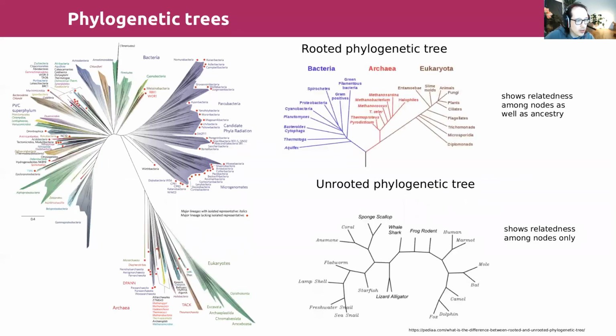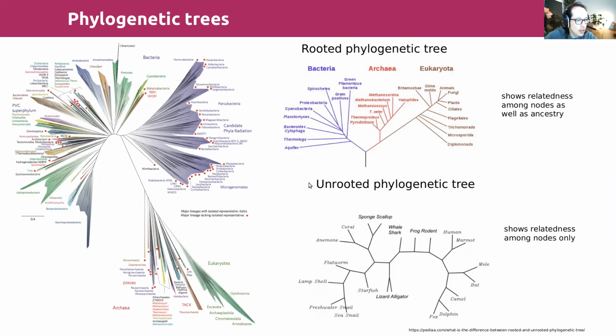And then we'll move on to a really important tree, which is the category of phylogenetic trees. The most obvious example being the tree of life itself. Right, we have large branches like bacteria, archaea, and eukaryotes.